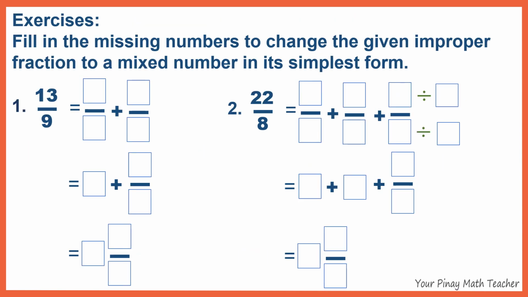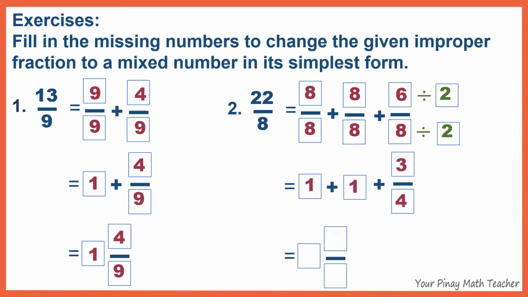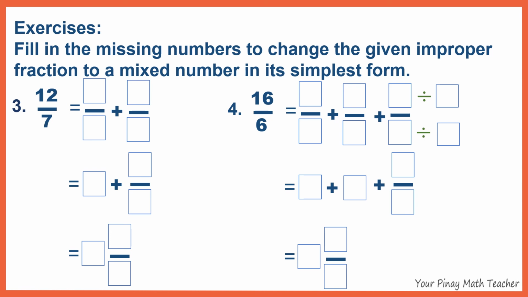For your exercises, answer the following. If you like to do this on your own, kindly pause the video. The answers are the following. For number 1, for number 2, number 3, number 4.